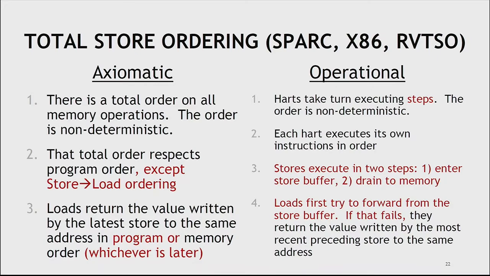The other thing we do is now we modify the load value axiom a little bit to say that we check not only the latest value in the global memory order, but also we check the latest value in program order. And that is the intuition that if you look at the operational side, that when you actually are going to do a load, you would first check the contents of the store buffer to see if there's a match that you want to forward that value from before you go back. And if there's no match, then you would go out to check memory and read the value from there.